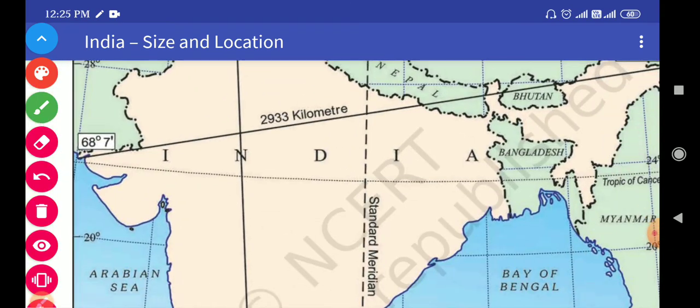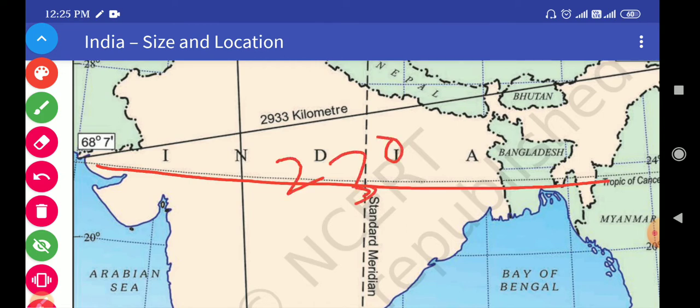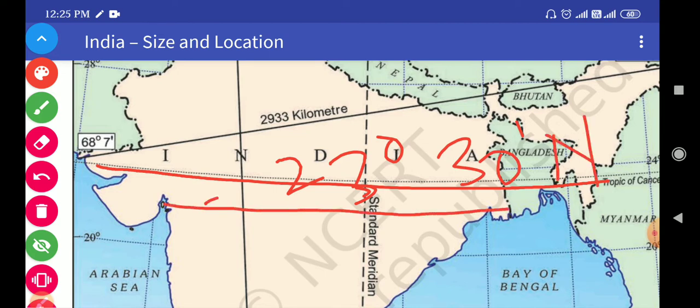As I told you, this is the Tropic of Cancer, 23° 30' north. So just below this is 22°. It is said that from 22° north latitude, India becomes taper.